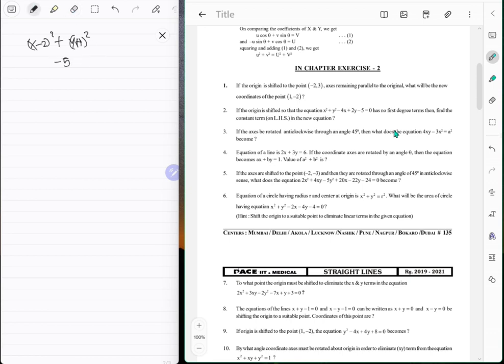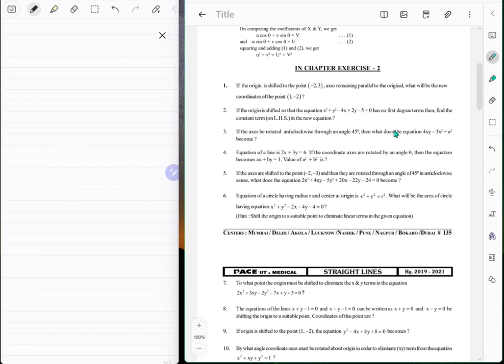So minus 5 minus 4 minus 1 equal to 0, that will be minus 10 equal to 0. So minus 10 will be the constant term in the LHS. So you just have to shift to the point 2 comma negative 1, and that will be it. So minus 10 is our answer. This is question number 2, I think. Okay, next question.